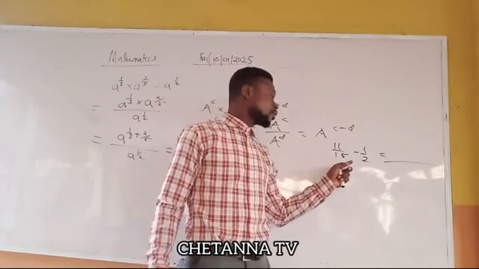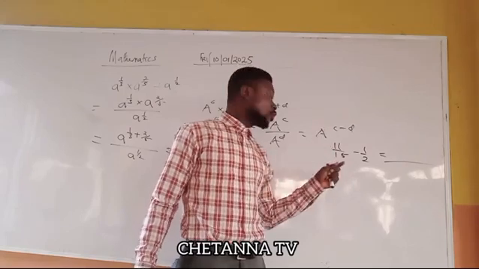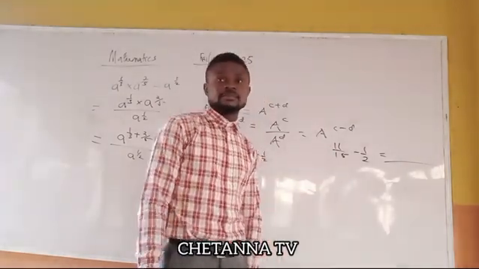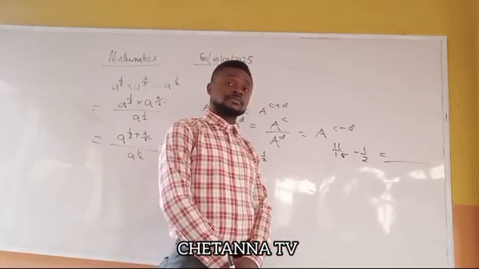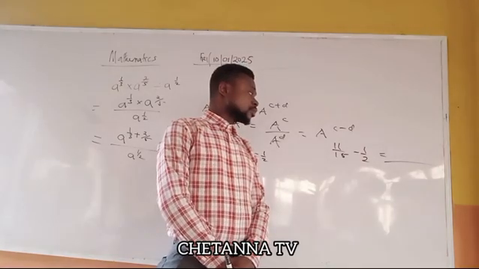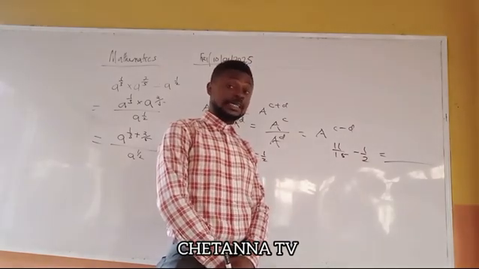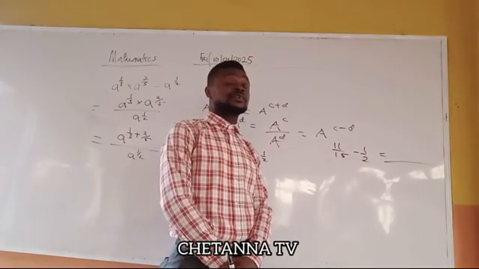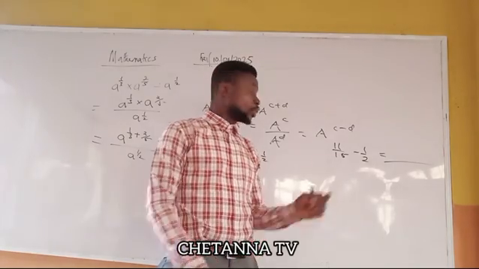Lowest common multiple means the lowest number two of them can divide easily. There are many numbers they can divide, though. The lowest of them is 30.